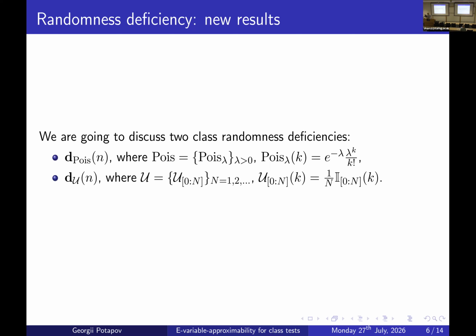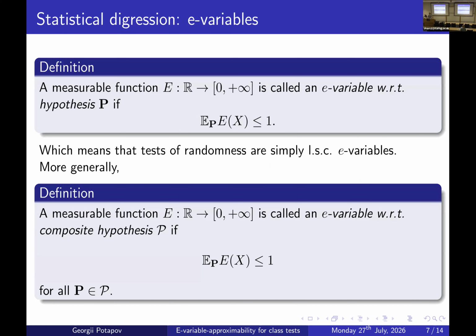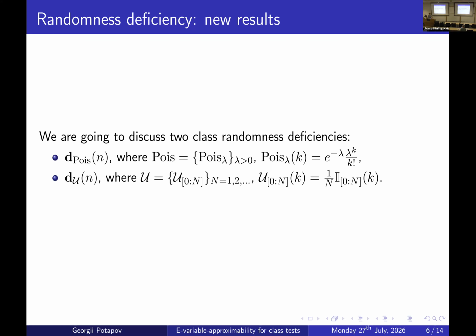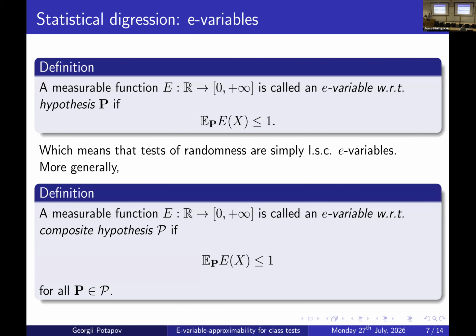However, for this case, it's also possible to find a good expression for randomness deficiency, and the method that is used is based on E-variables.